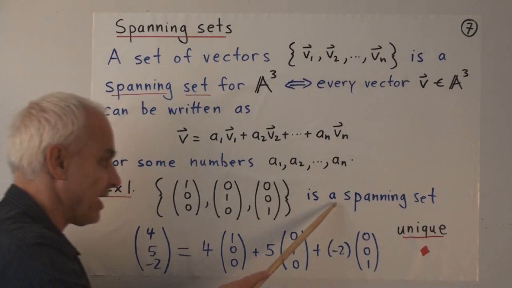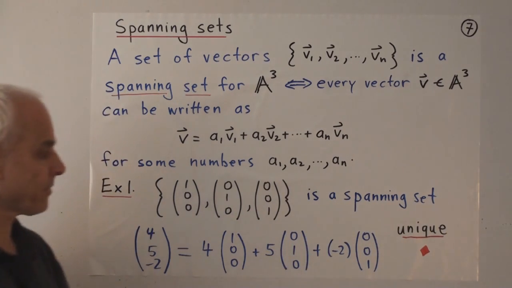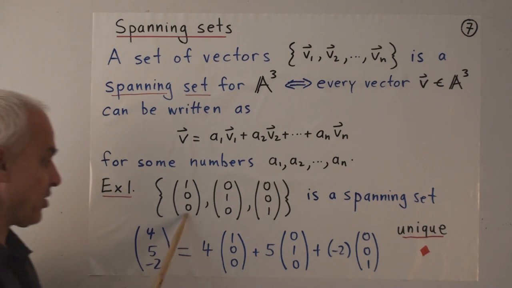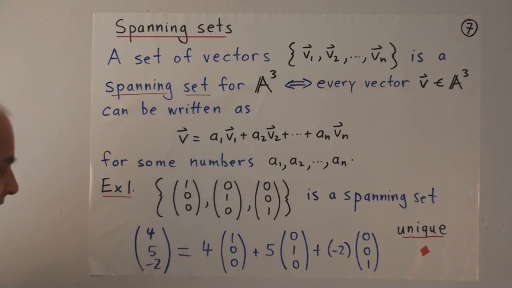The claim is that is a spanning set. And that's almost obvious because any vector can be written as a linear combination of those 3 in a very obvious way. So for example, suppose that you're given the vector 4, 5, minus 2.